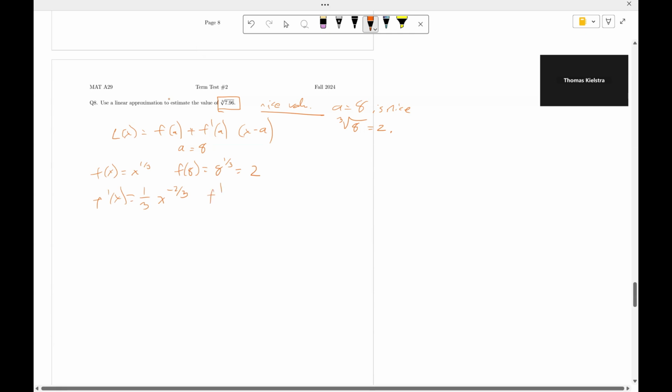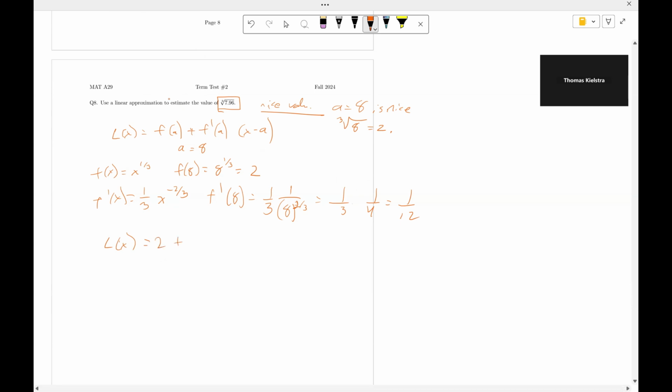And f prime of 8 equals 1 over 3 times 1 over 8 to the 2/3, which equals 1 over 3 times 1 over 4, which equals 1 over 12. Combining this all together, we get L of x equals 2 plus 1 over 12 times x minus 8.